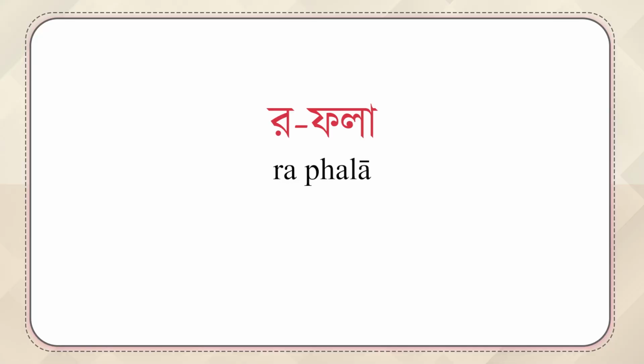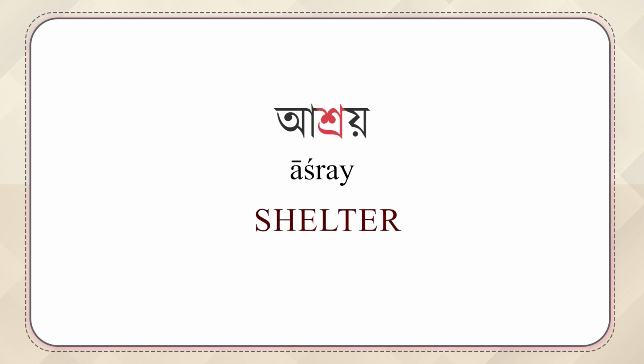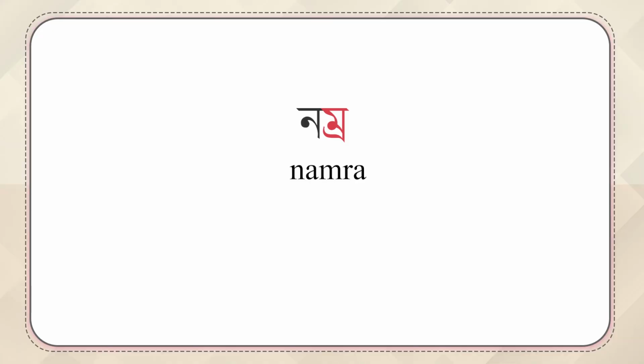Our next discussion is on ra phalā. It can occur in a word as the second member of the orthographically represented consonant cluster. It can occur word initially as in protha, which means ritual, word medially in ashray, which means shelter, and word finally in nomro, meaning humble.